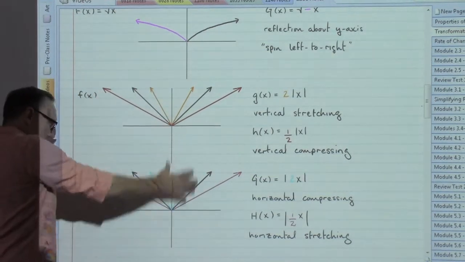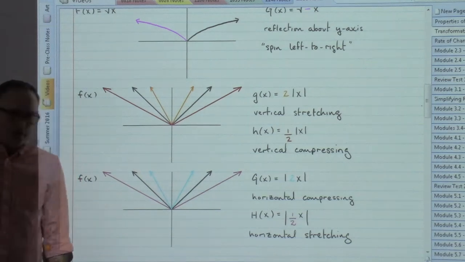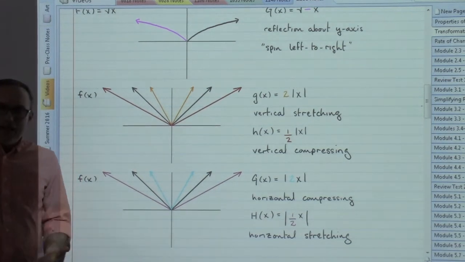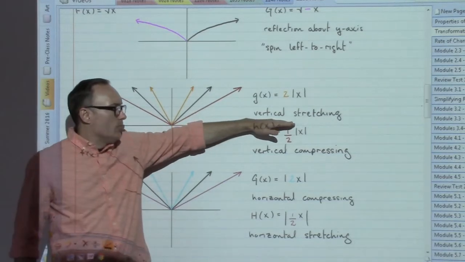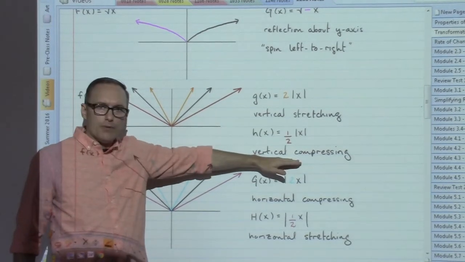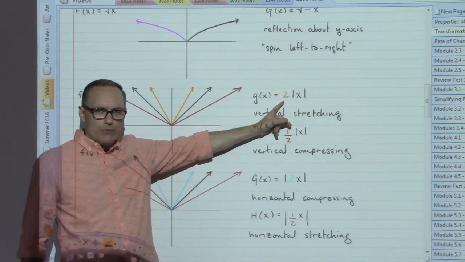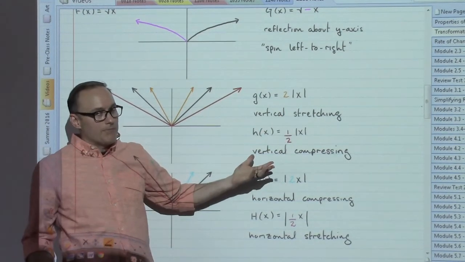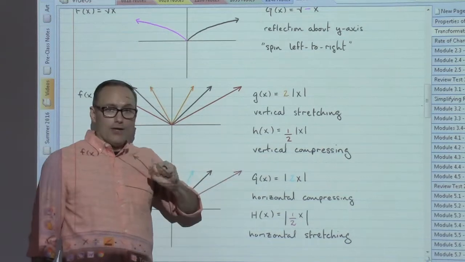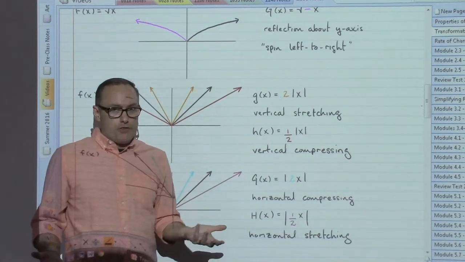So we've got those shapes mapped out with the color coding. It's a lot harder to say what specifically we're talking about with the stretch or the compress unless we've got something really convenient like a 2, a 1/2, maybe a 4, and 1/4, a 3.